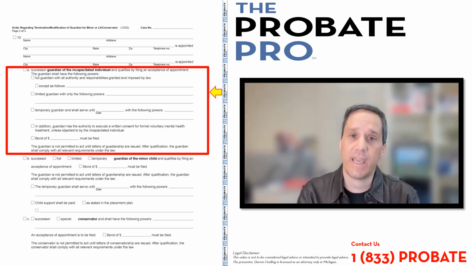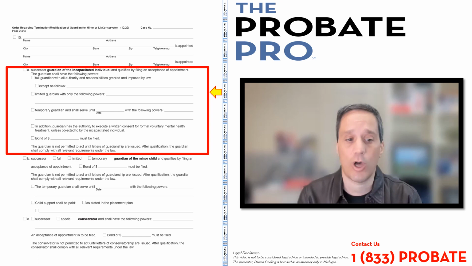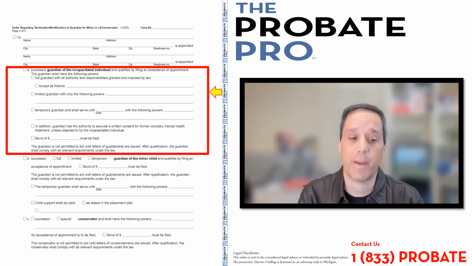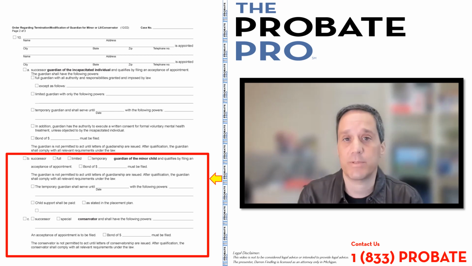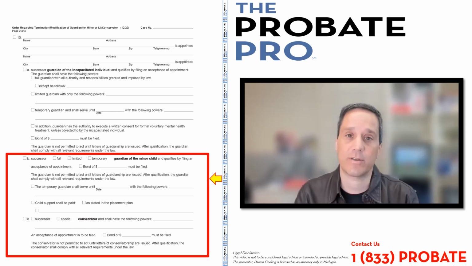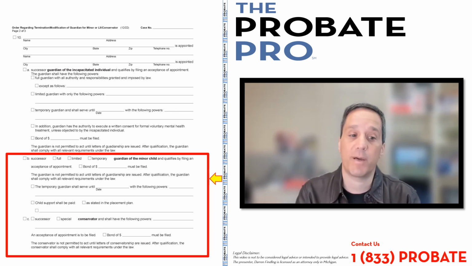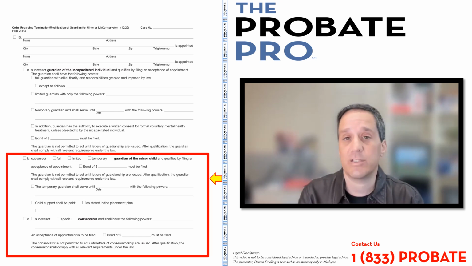So after qualification, the guardian then is required to follow Michigan law, but they can't act just simply by virtue of this court order. The next part talks about guardianships of a minor child, very similar language that we saw above, but rather than for an adult, it is particular for a guardianship of a minor.